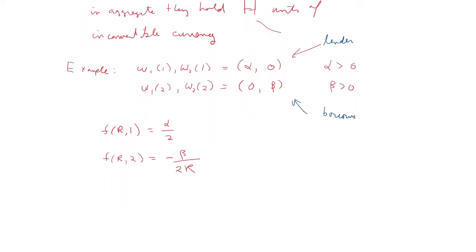Okay, now we're set up to go. So we have saving functions for our agents, and we're going to talk about two types of equilibria. First, we'll talk about a non-monetary equilibrium.